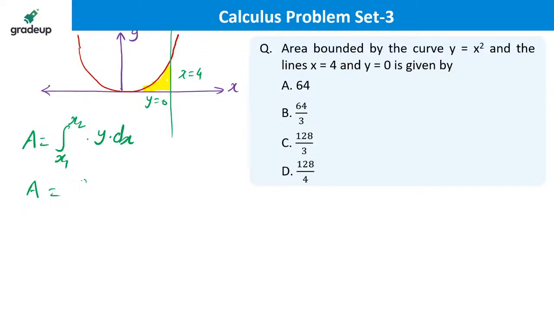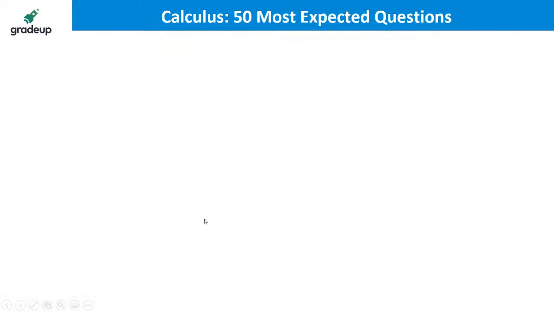Limits of x, you can say from 0 to 4. y is given as this parabola, that is x square. So of course the answer will be 64/3.